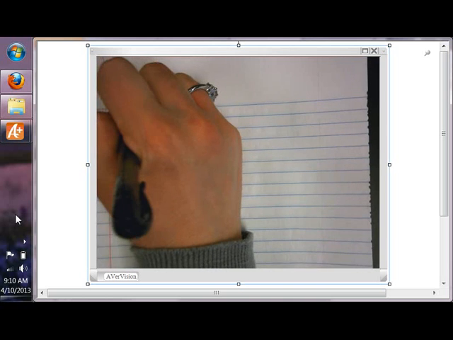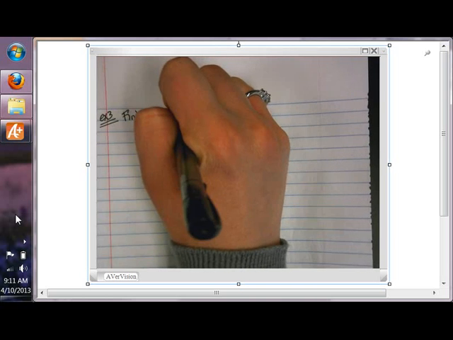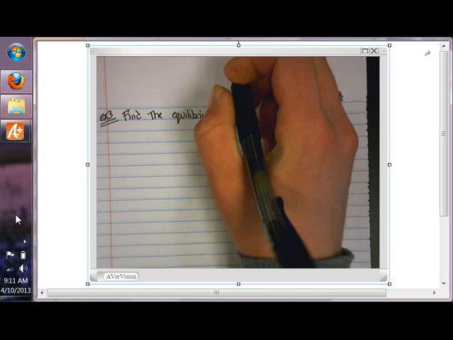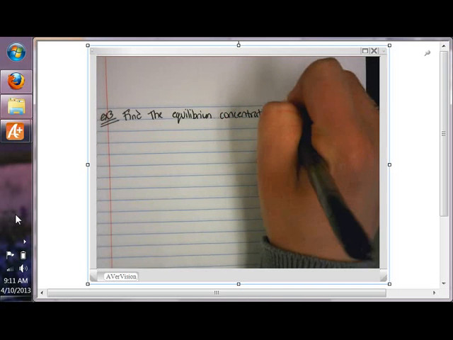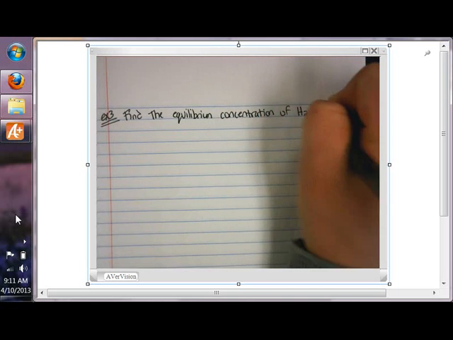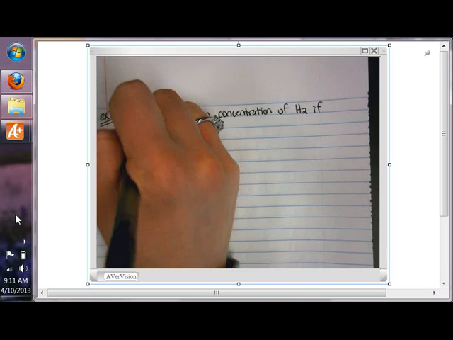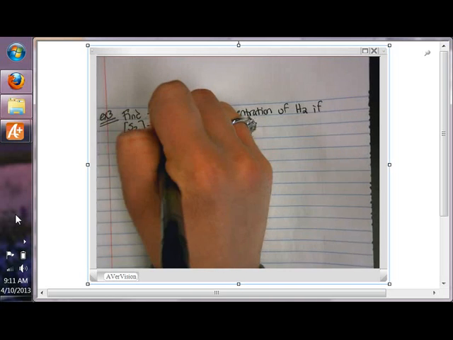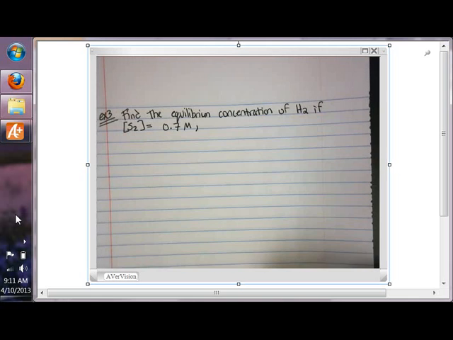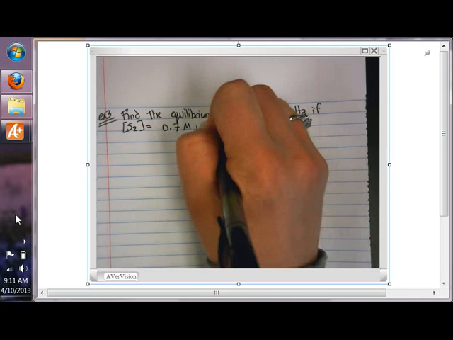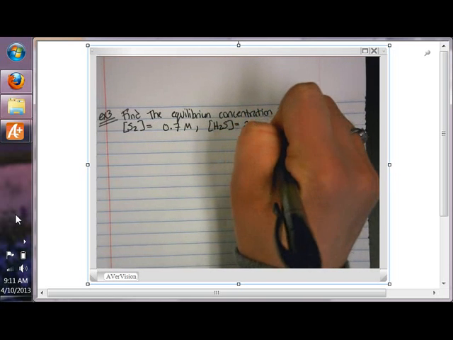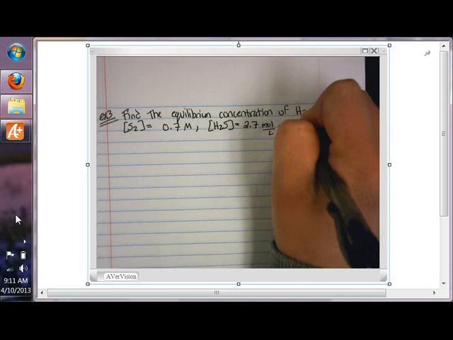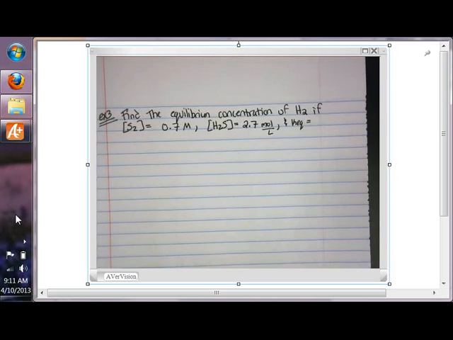And we're going to say find the equilibrium concentration of H2 if the concentration of S2 equals 0.7 molar, the concentration of H2S equals 2.7 moles over liter, and KEQ equals 1.87.